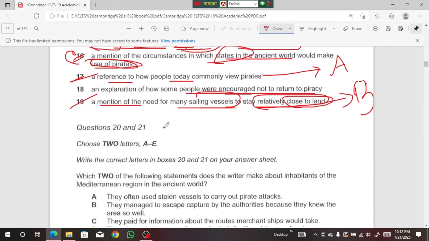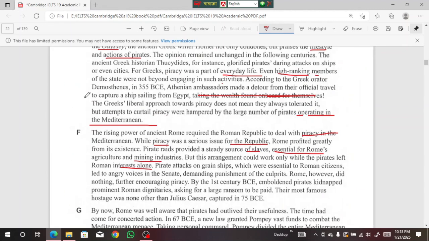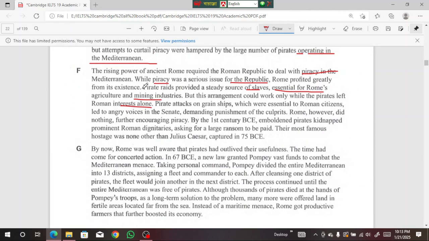We can say the use of this piracy in 16, there was confusion between question 16 answer C or F, but later it says the agreement could work only while the pirates left Roman interests alone. That means they left attacks on grain ships essential to Roman citizens. They attacked, and this goes on into the century BC.